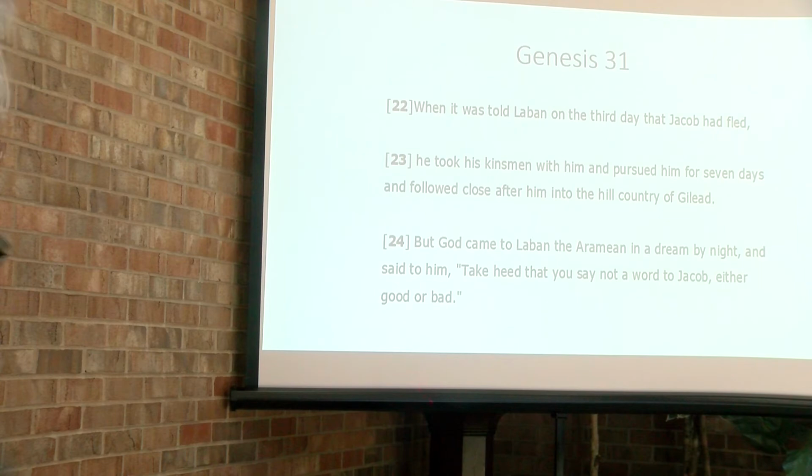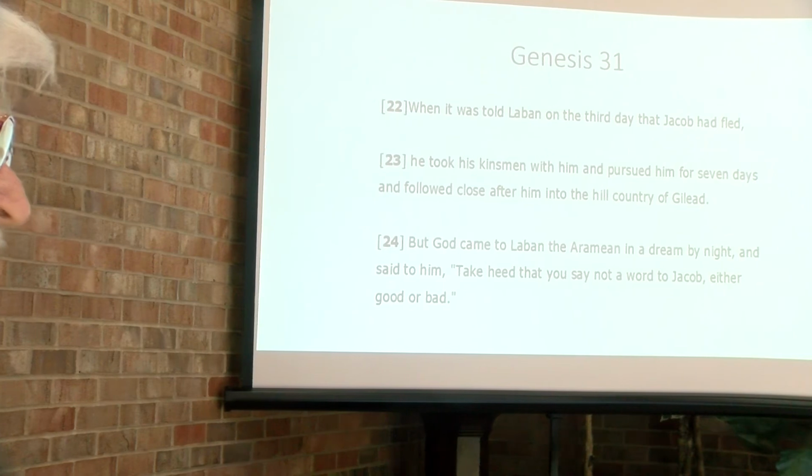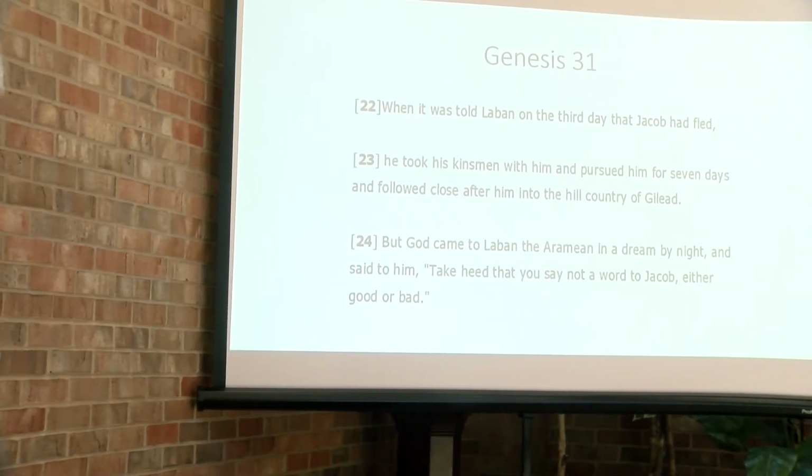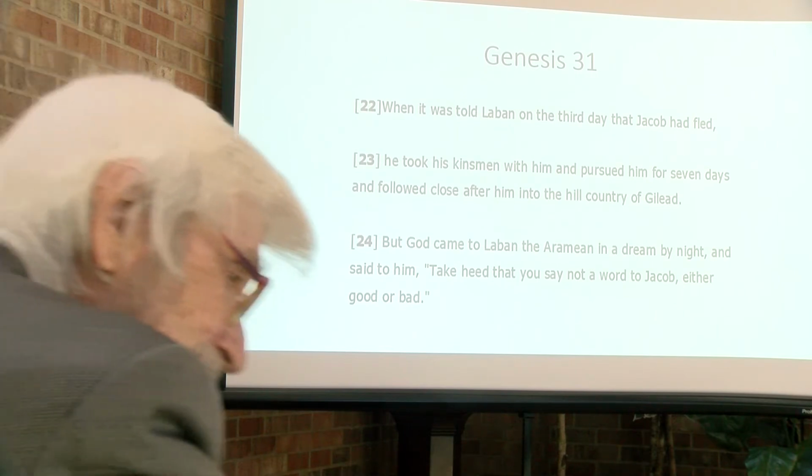But God came to Laban the Aramean in a dream one night and said to him, "Take heed that you say not a word to Jacob, either good or bad." In other words, Laban had been warned by the Lord. It says, don't do anything to Jacob. Leave Jacob alone.